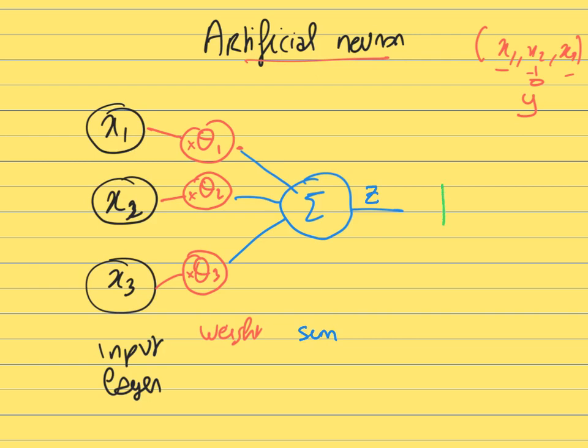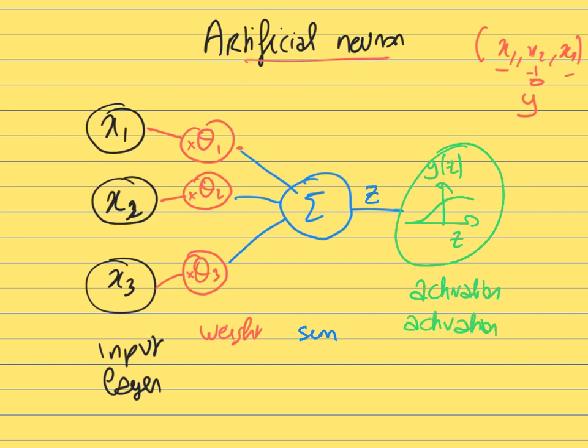So a function that may look like this, a function that will use z as an input and will be, for example, a g of z. So this is going to be an activation function. It's going to transform z in a nonlinear fashion. So it's just a mathematical transformation. And then based on this, you will get the output signal of this neuron, which is g of z.